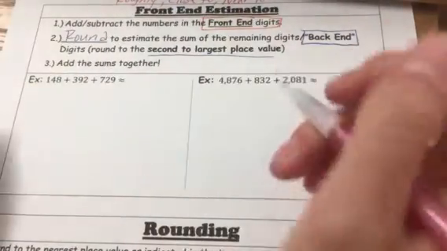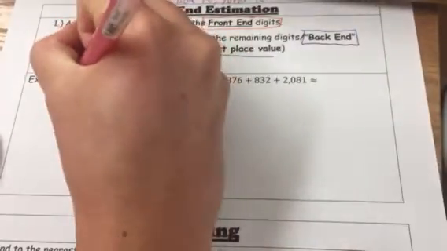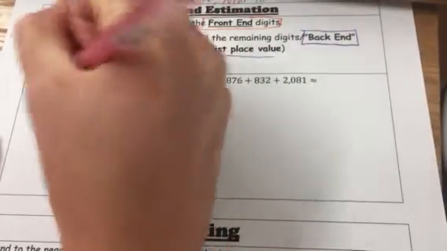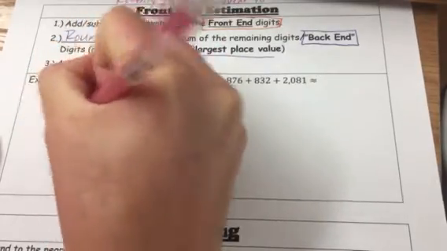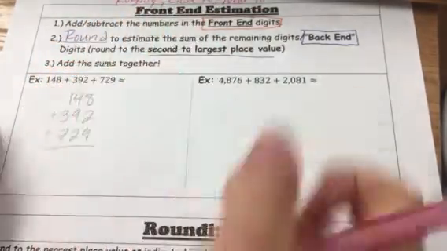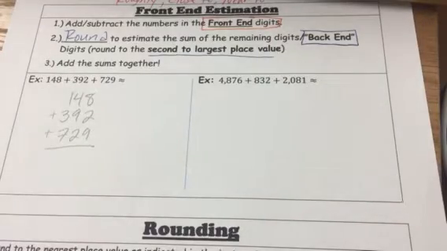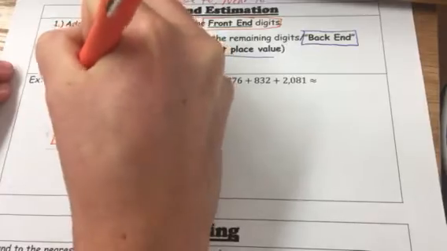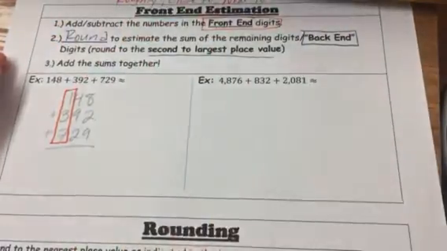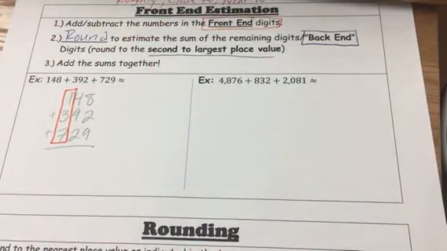So our first problem, let's go ahead and stack them up vertically, or up and down. We've got 148 plus 392 plus 729. We're going to use front-end estimation, which is just one way that we can estimate this. So our first step is that we're going to look at those front numbers. Now, be careful. We're not just adding 1 plus 3 plus 7.